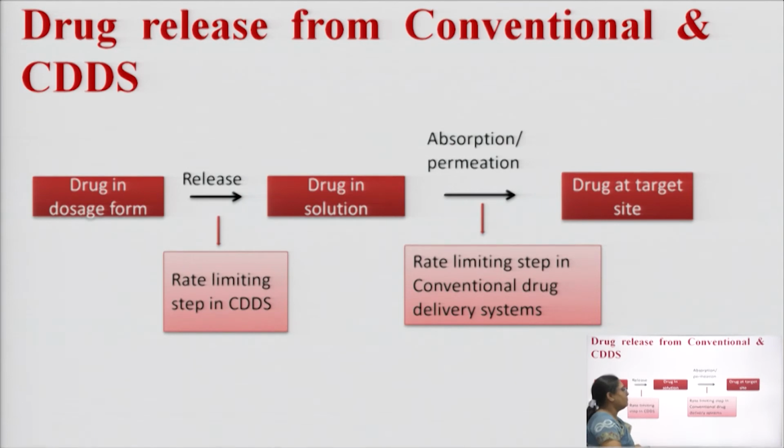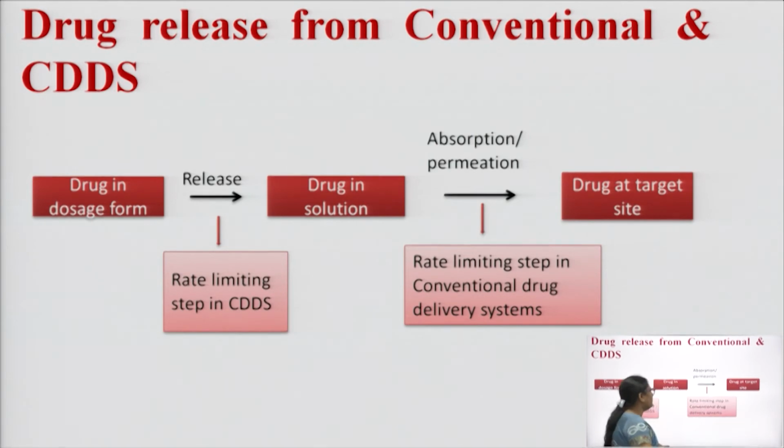In case of conventional drug delivery system, the drug is released all at once. Say you are taking a tablet or a capsule, as soon as the tablet disintegrates inside the body, all the drug will be released at once. Now, this drug will be absorbed or permeated through the membranes and the rate at which this permeates through the membrane will be the rate limiting step in drug action.